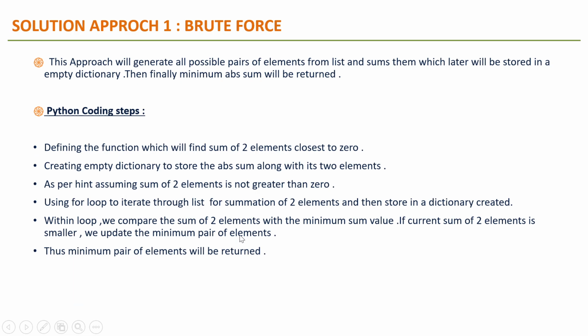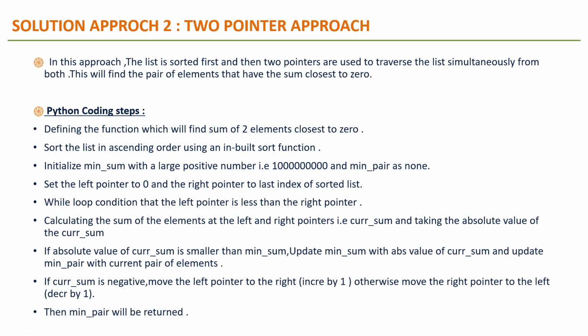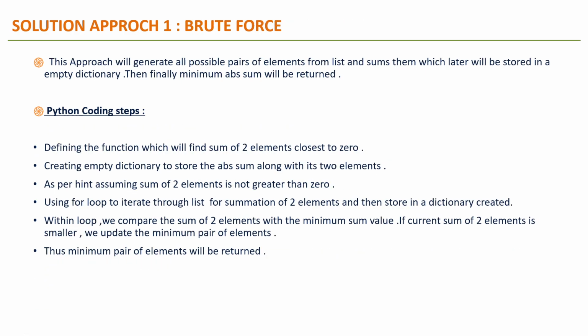So there are two approaches we have taken: a brute force approach and a two-pointer approach. The brute force approach is a day-to-day approach where a simple basic solving technique is used, where time complexity is not considered, and the iterations can take place n number of times.